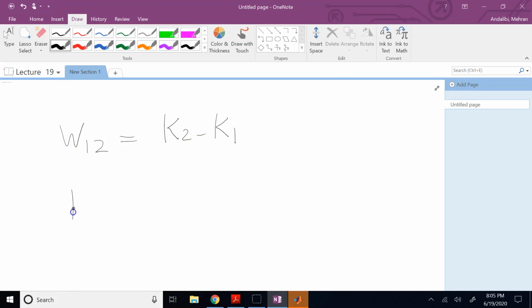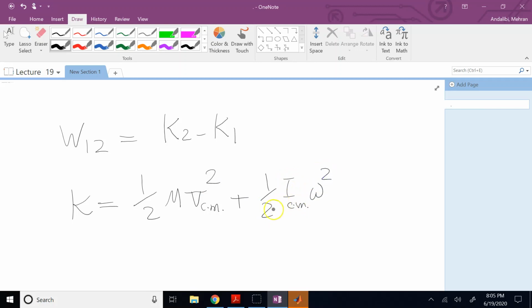But as I said, K, kinetic energy, includes two terms. One is the translational kinetic energy, which is 1/2 mass of the object times velocity at the centroid squared, plus 1/2 I about the centroid times omega squared.